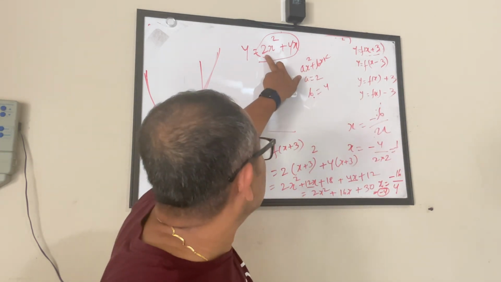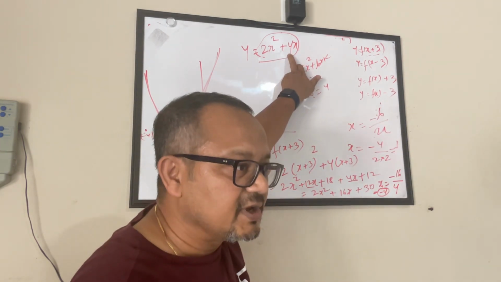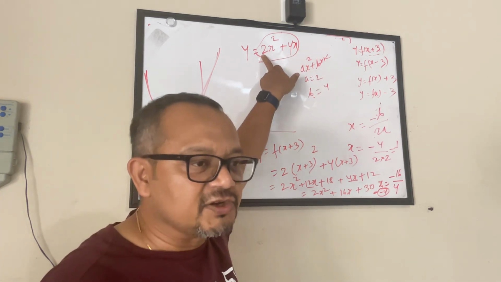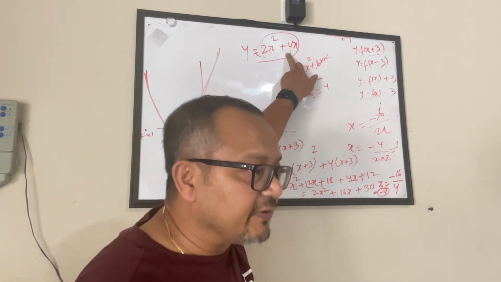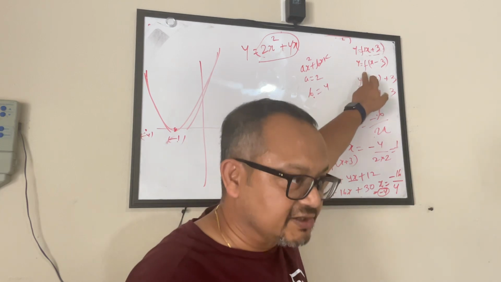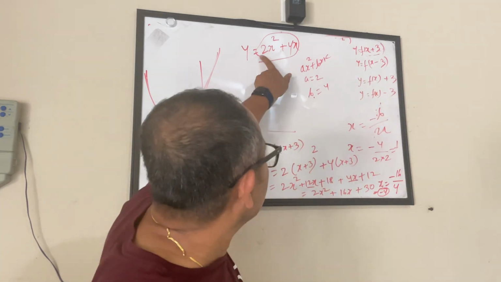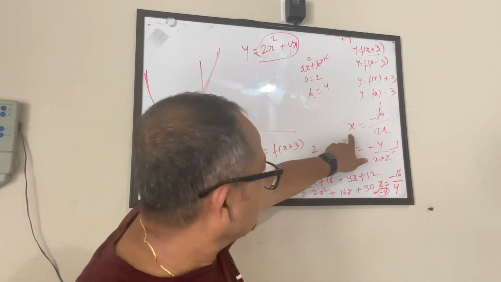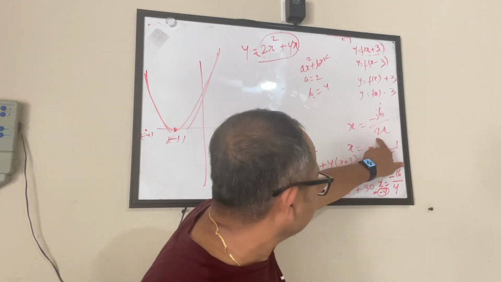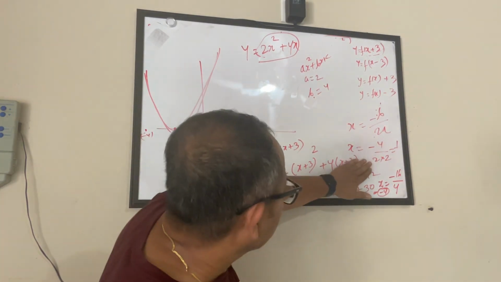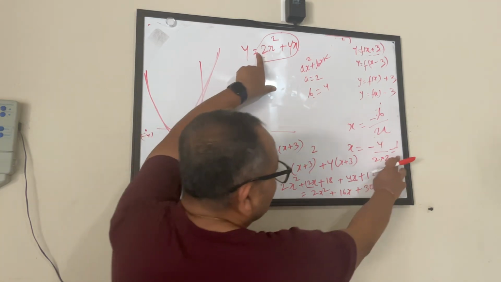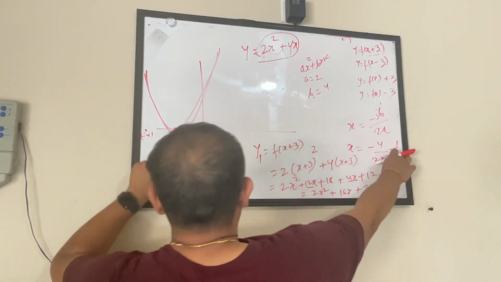Here a is 2 and b is 4. A is the coefficient of x squared, b is the coefficient of x, and c is the constant, if you have any. So here we have only a and b. That is how with this equation we found the x coordinate of the vertex.